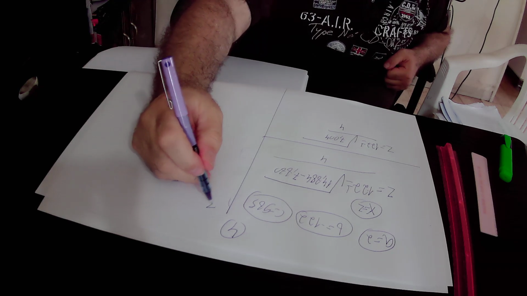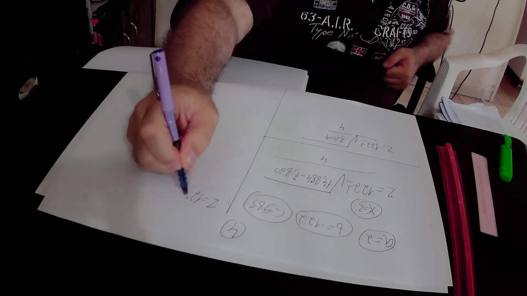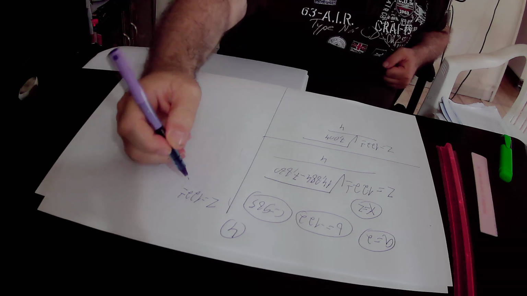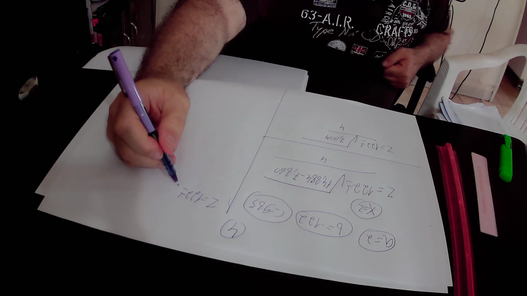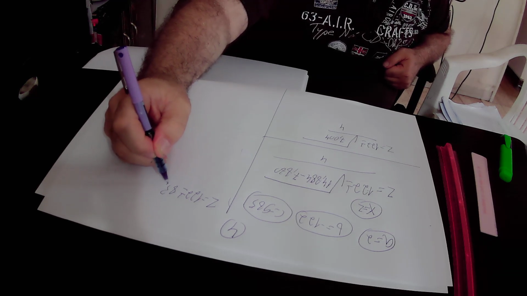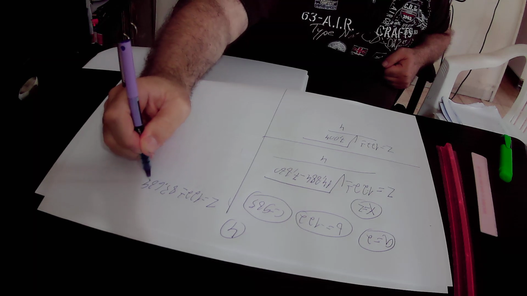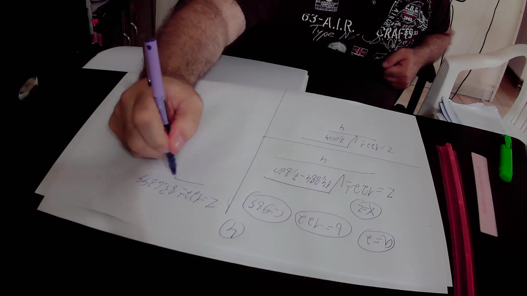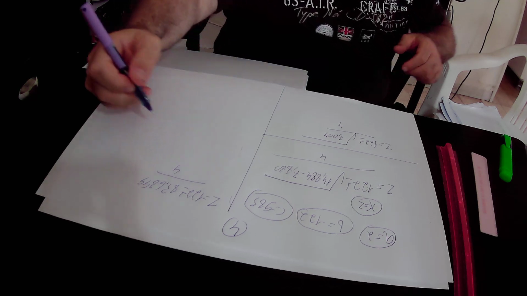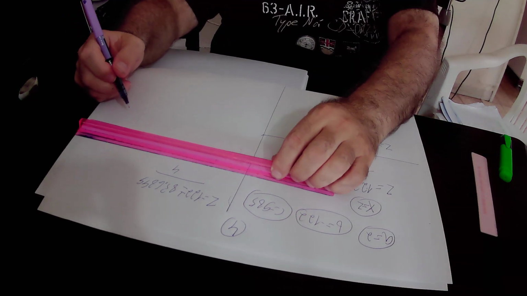So z equals 122 plus minus the square root of 7,004, which is 83.6899, divided by 4. So here we have two possible solutions for z.